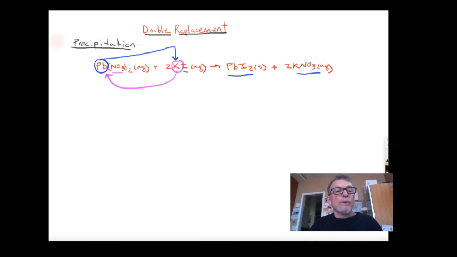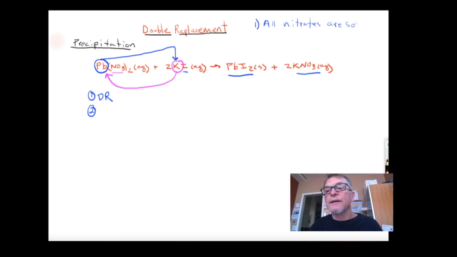Now, when we talk about precipitation, remember there were three parts to the definition. Part one was that the reaction has to be a double replacement, which I'll just abbreviate as DR. Part two of the definition said that we had to be mixing two ionic solutions, and you can see here that the lead compound has nitrate in it, and we learned our solubility rules, and all nitrates are soluble.